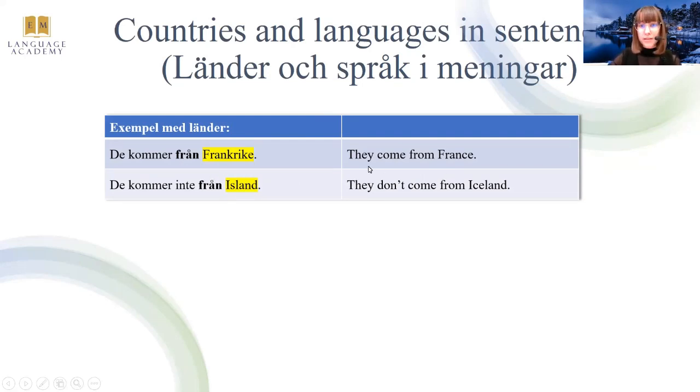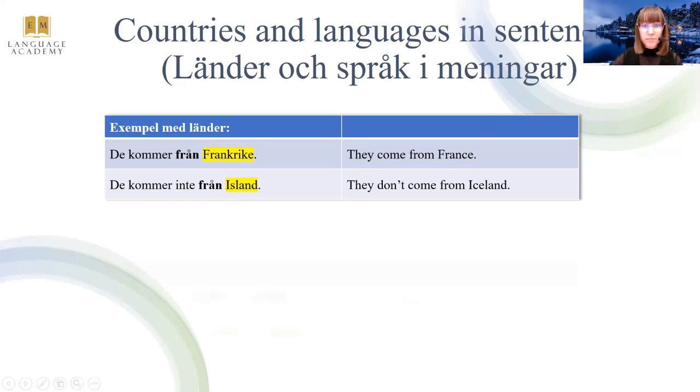They don't come from Iceland. Basically, what we're doing here is we're using an affirmative and a negative sentence. And again, the primary rule that you have to remember is that the verb always stands in place number 2, and then it might be followed by a negation. And then we put something that is left. In this case, a place, that is some kind of country.